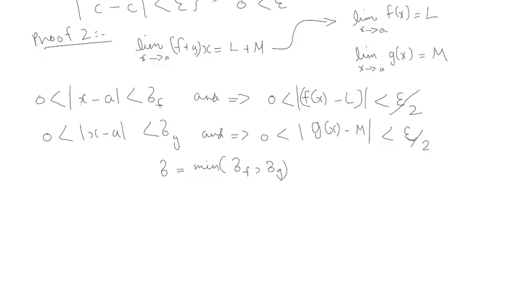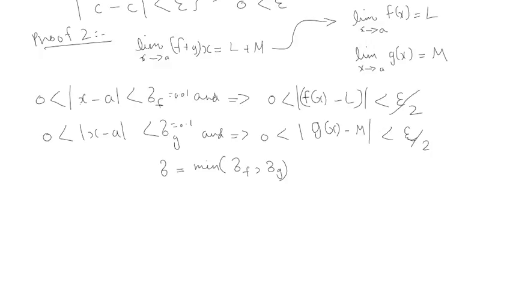This is not that hard to understand. Obviously, if one delta is 0.1 and the other is 0.01, I'm going to go for the one that's smallest, because I want the condition to be satisfied for both cases. So think about it for a second. If one is 0.01 and the other is 0.1, and I choose 0.01 as delta, that would automatically satisfy both conditions.